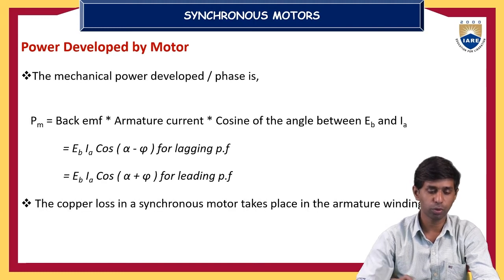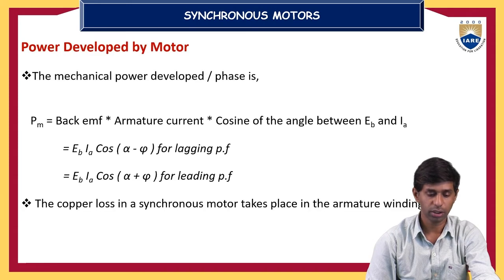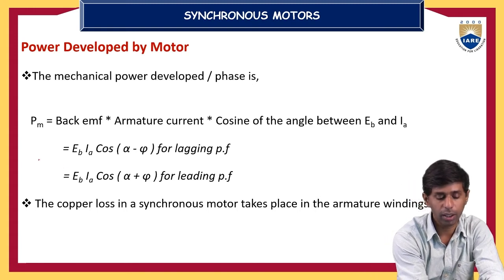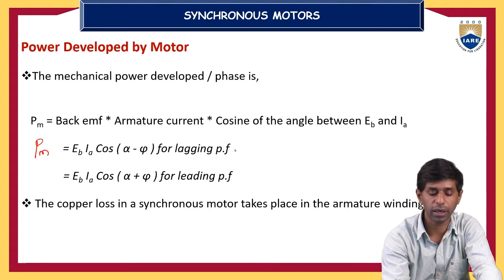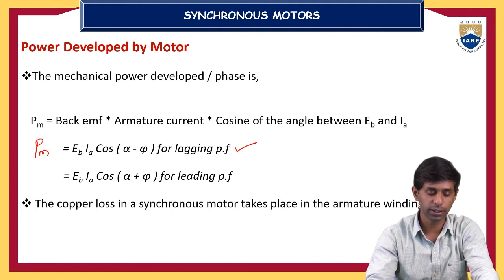Power developed by the synchronous motor: the mechanical power developed per phase, P_m, is equal to the back EMF E_b times armature current Ia times the cosine of the angle between E_b and Ia, that is E_b Ia cos (alpha minus phi), for lagging power factor loading conditions. For leading power factor loading conditions, it is E_b Ia cos (alpha plus phi).